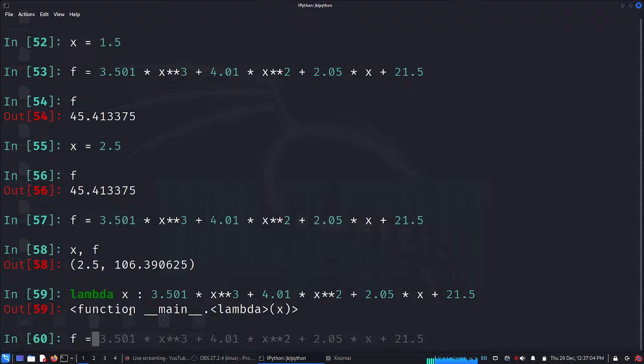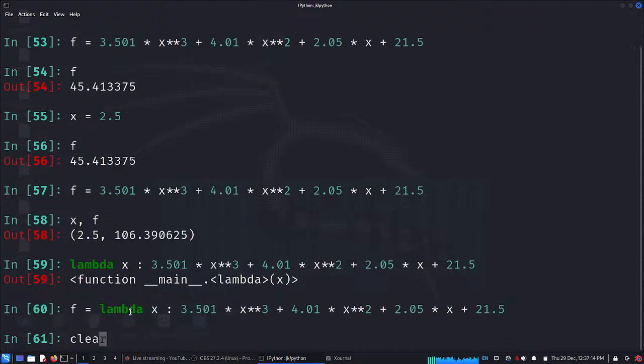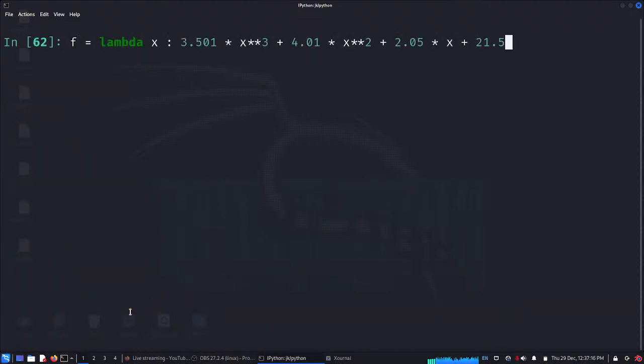I'll say f equal to this whole thing. So now we can use it like a normal function. What does that mean? I can say f of, let's say, x is 1.